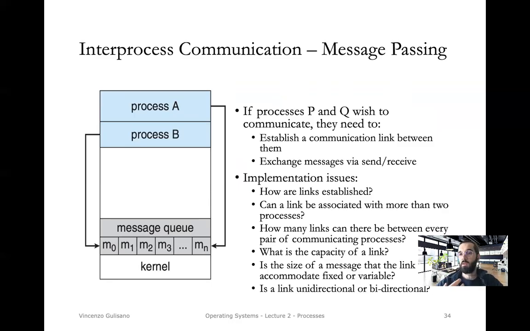This does not mean that this is simpler, okay? Especially if you look at this from the operating system point of view, there are a lot of issues that you have to take into account: how to establish the links, how to create communication channels that could be shared among more than two processes, for instance, and so on and so forth, okay? Now we are going to look at a specific example of inter-process communication with message passing maintained by the operating system.